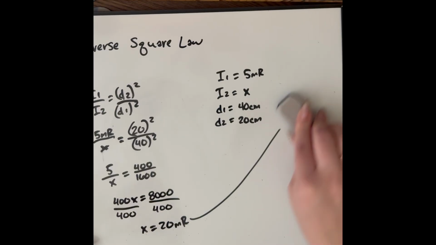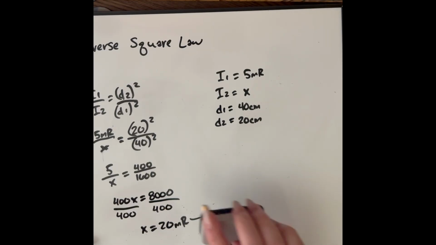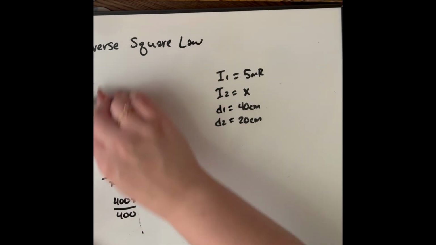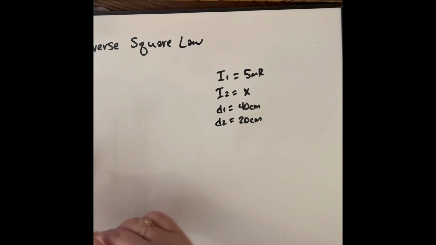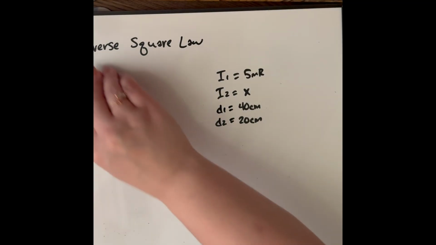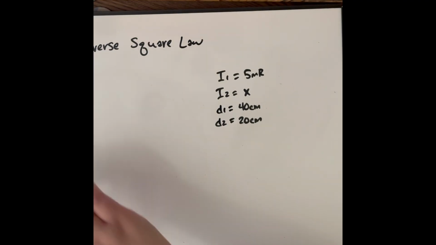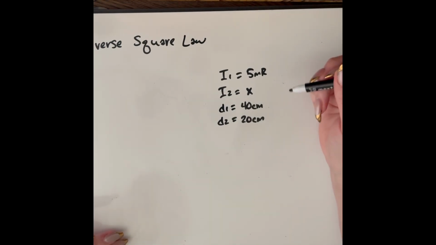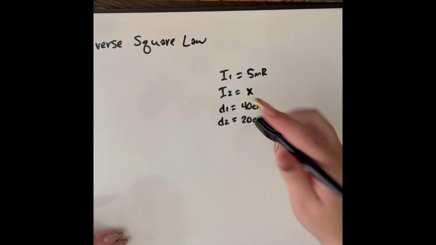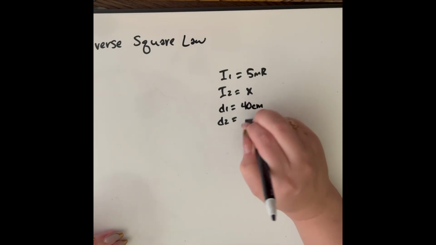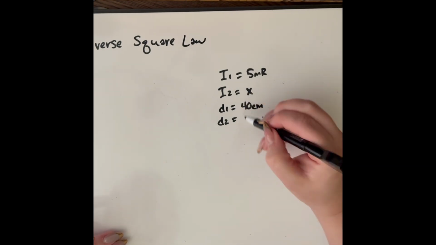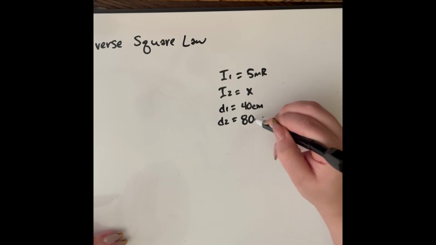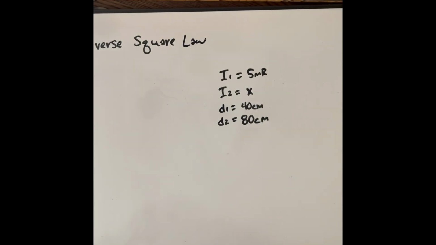We did one of these in class already, which was the middle one, so we're going to do the bottom problem, which says that our radiation intensity measures 5 MR at 40 centimeters. So our first two things are staying the same, but our distance changes to 80 centimeters. So we are now making our distance longer.